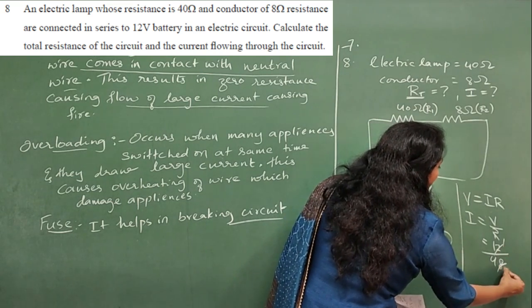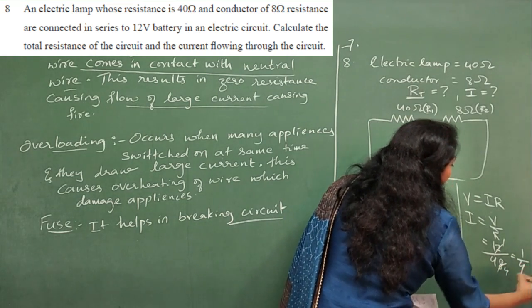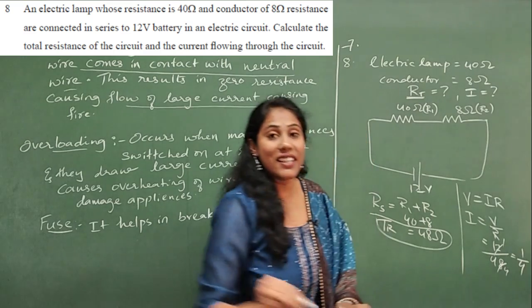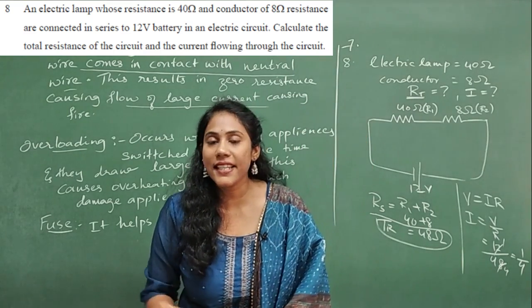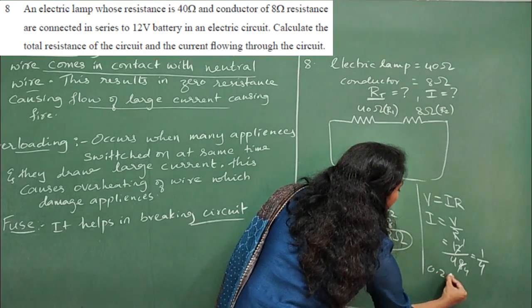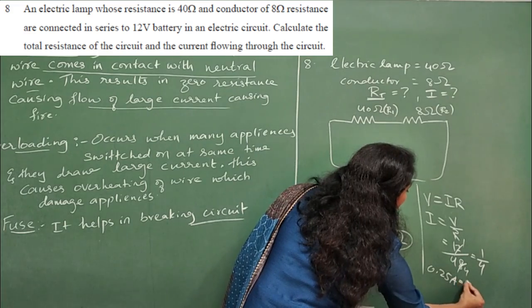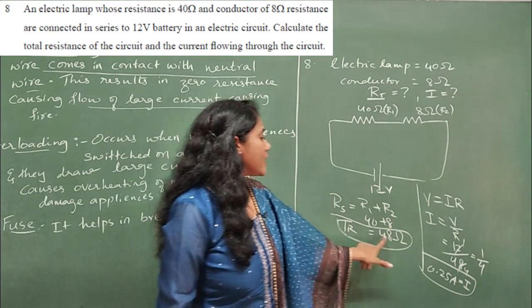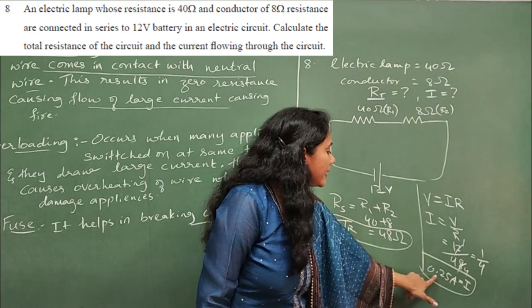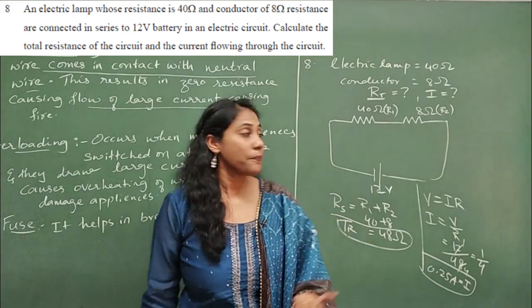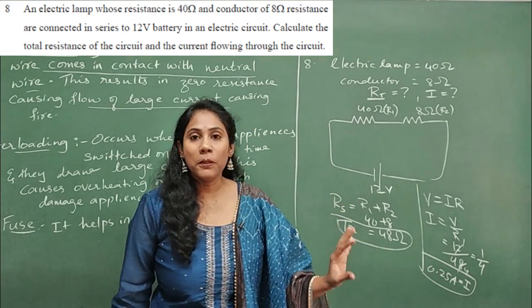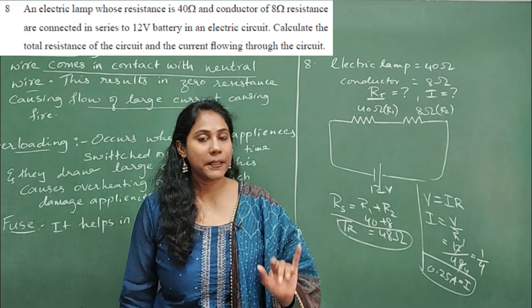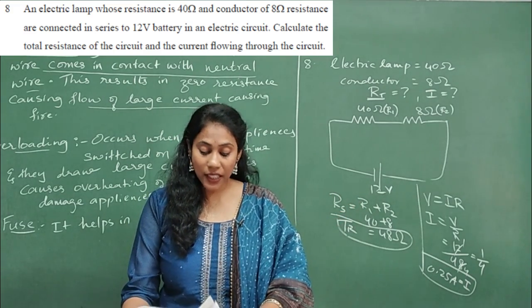So 1 by 4 amperes is the current. 1 by 4 in the sense what? 0.25 amperes is equal to the current, right? So your total resistance is 48 ohms and your current is 0.25 amperes. So very simple basic problem. This is how you have to calculate. So that's all about your third main.